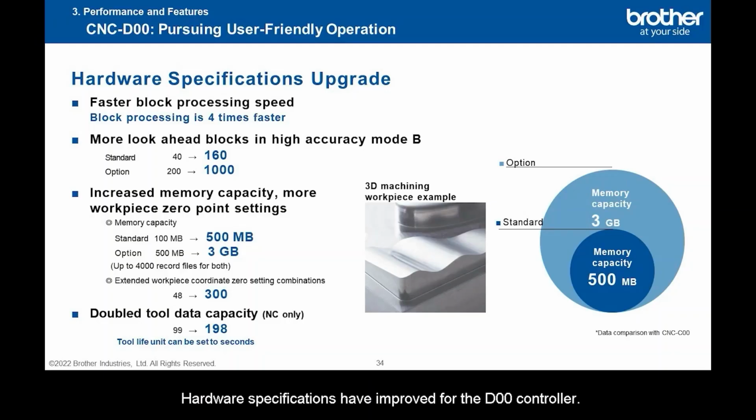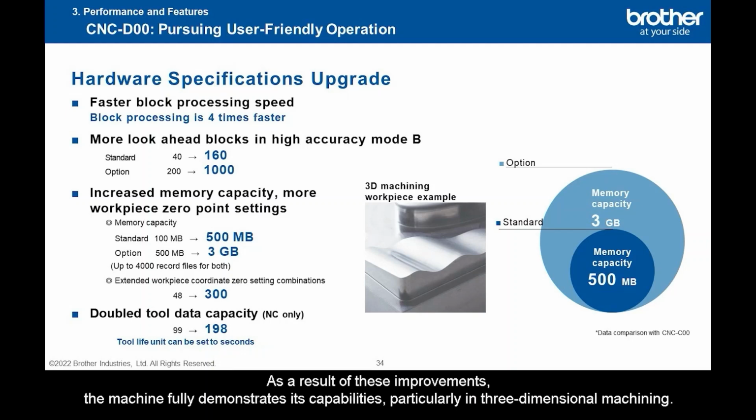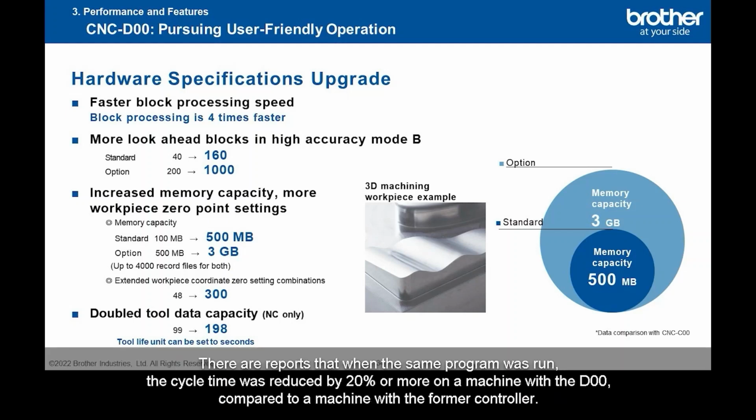Hardware specifications have improved for the D00 controller. Block processing speed has improved fourfold. The number of look-ahead blocks has greatly increased from the previous model. As a result of these improvements, the machine fully demonstrates its capabilities, particularly in three-dimensional machining. There are reports that when the same program was run, the cycle time was reduced by 20% or more on a machine with the D00, compared to a machine with the former controller.